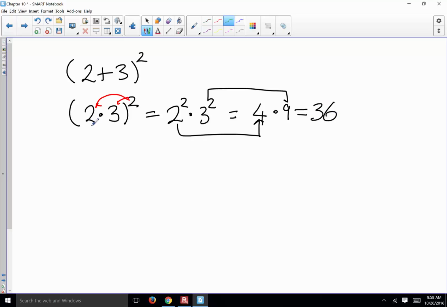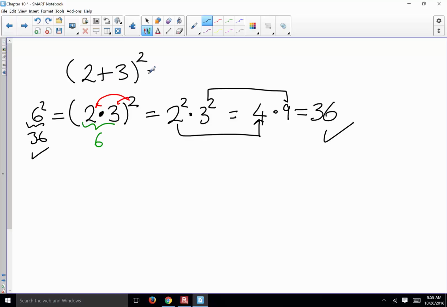Alright, let's compute this directly. What is 2 times 3? 6. What is 6 squared? 36. Do we have a match? Yes, because I applied the rule properly. Everything was multiplying, so when you are multiplying, you can pass the square in.